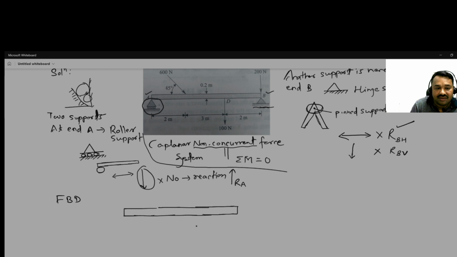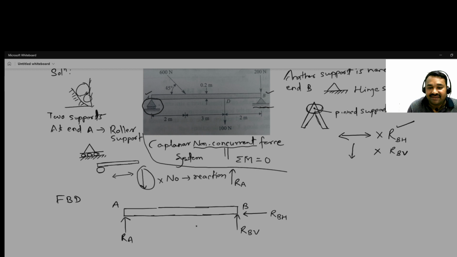This is end A, this is end B. So here this roller is replaced by RA, and here at B the hinge is replaced by RBV, and this is RBH.